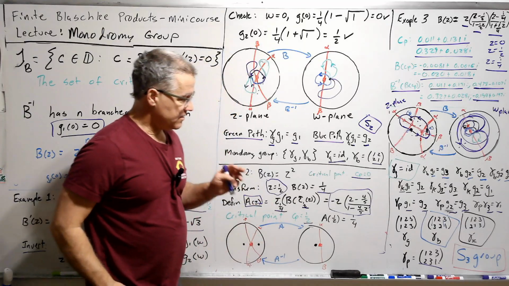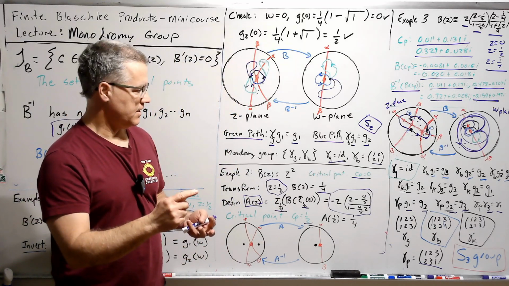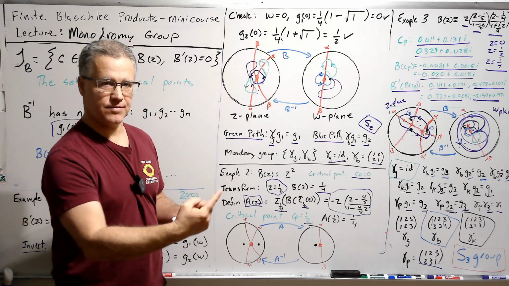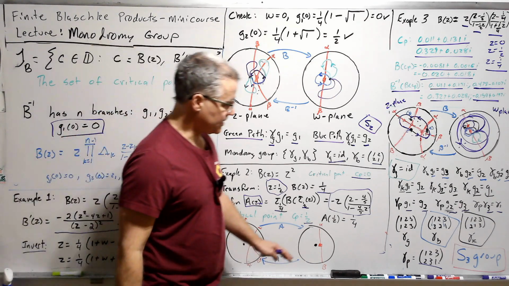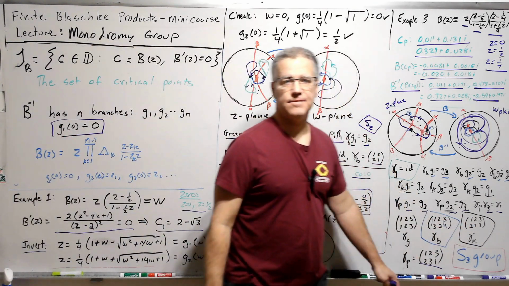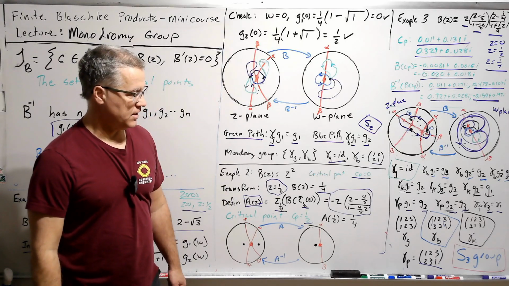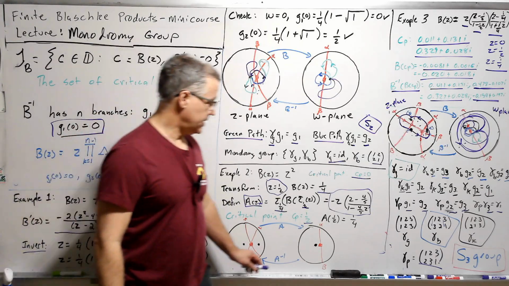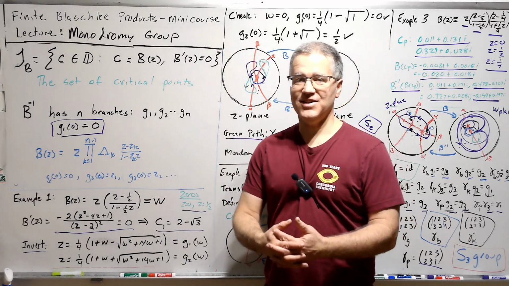And the identity, the single permutation, and the cyclic permutation are enough to generate the S3 group. So we actually picked up one extra that we didn't need, but we did pick up the necessary generators for the S3 group. So it indeed is the S3 group. Pretty interesting stuff, fun stuff.